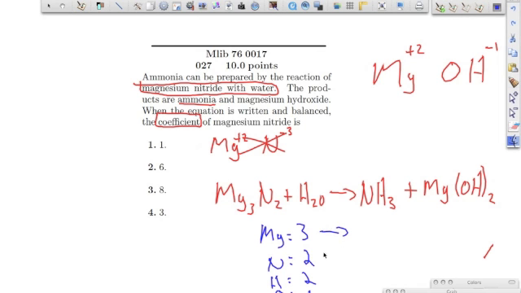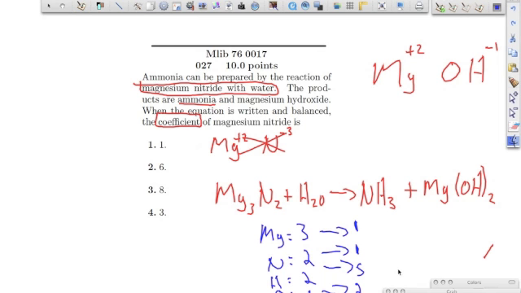Now on our product side, they have to have the same amount. So let's look at what we're starting with. We have 1 nitrogen, we have 3, 4, 5 hydrogens, and we have 1 magnesium, and we have our oxygen, that 2 distributes, and we have 2 oxygens.